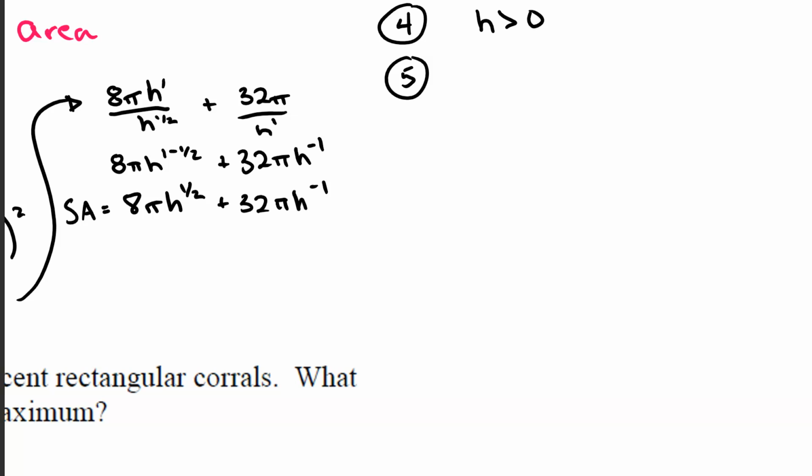All right, so now we look at the derivative of our surface area equation. So the derivative of 8 pi h to the 1/2 would be 1/2 times 8 pi h to the 1/2 minus 1. And then we've got plus negative 1 times 32 pi h to the negative 1 minus 1.